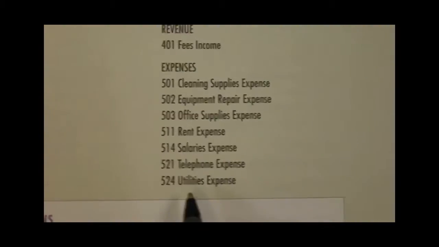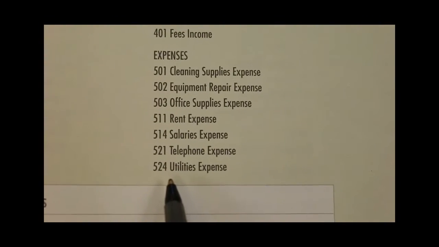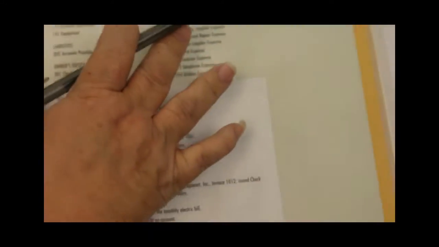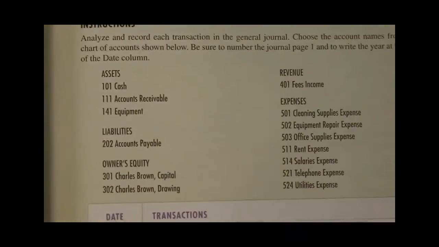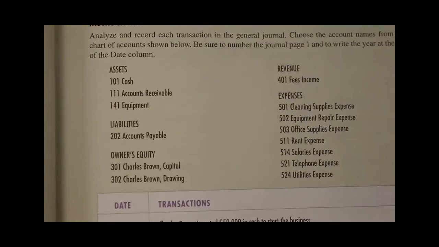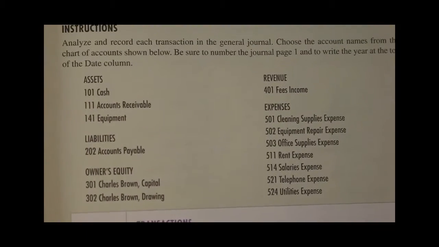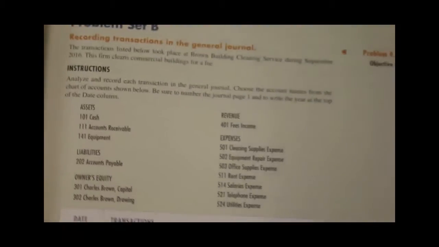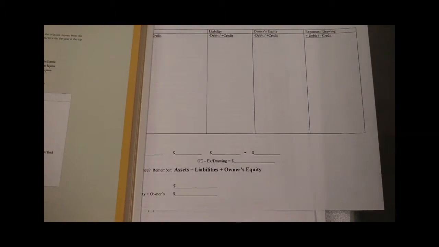And then utilities expense, 524. So hold it there for a second. Go ahead, pause the video, and write those down. Okay, so I'm assuming you did that and you have those written down, or they may already be in your textbook. If they're already in your textbook, then we're good to go.